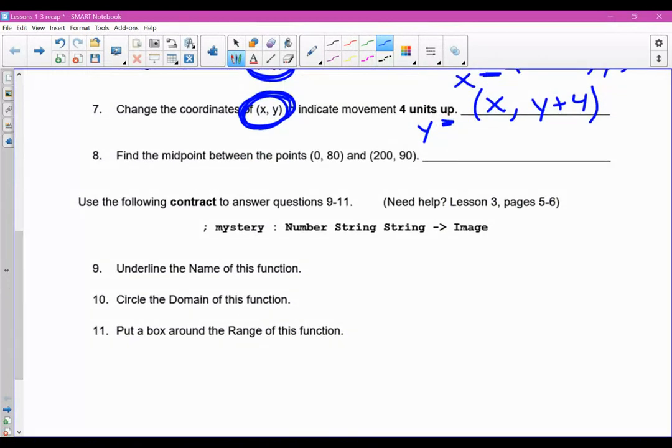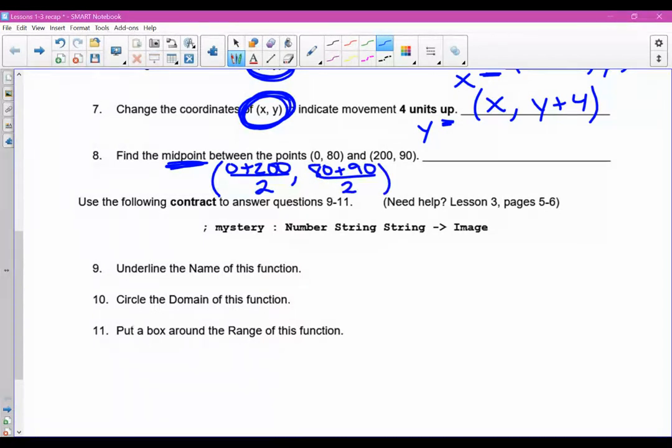Number 8, find the midpoint between the 2 points. So remember, midpoint, I want to find the average of my x's. So we have 0 plus 200 divided by 2. And then the average of the y's. So 80 plus 90 divided by 2.